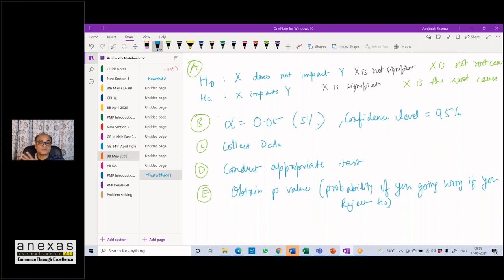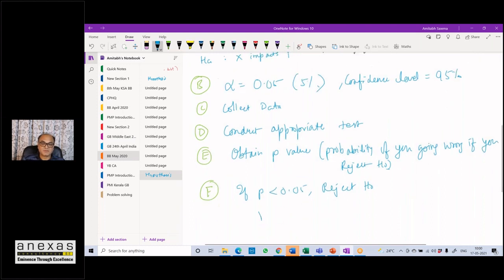That means you're saying that X is the root cause. And if p-value is less than 0.05, you will reject null. And if your p-value is more than 0.05, then accept null. So that means if your p-value is less than 0.05, you will say X is significant, X is the root cause. And if p-value is more than 0.05, X is not the root cause.